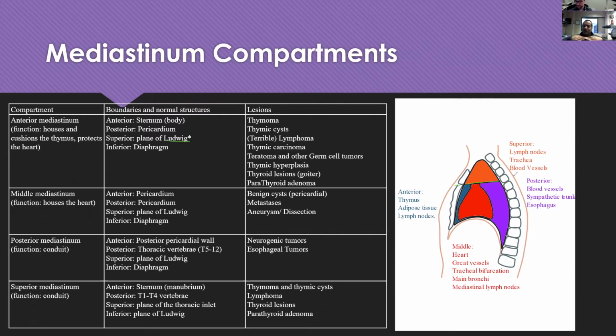That plane of Ludwig actually separates the superior mediastinum, which is the orange cone or triangle, from the inferior mediastinum. And the inferior mediastinum is what we typically divide into anterior, middle, and posterior.